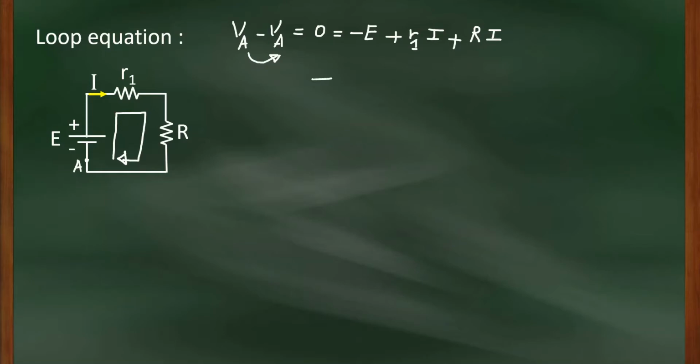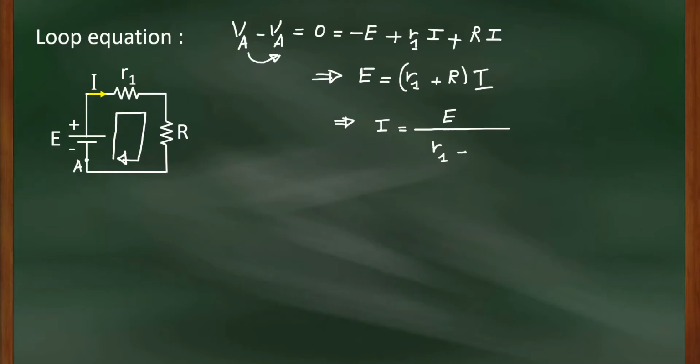Therefore, E equals (R1 plus R) times I, which implies that my current I equals E over R1 plus R. This is Pouillet's law for circuits.